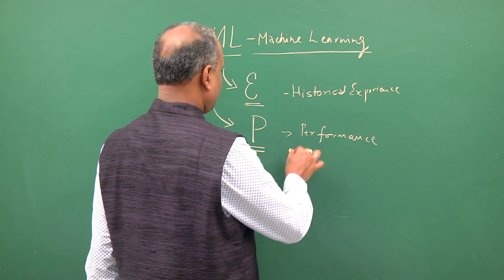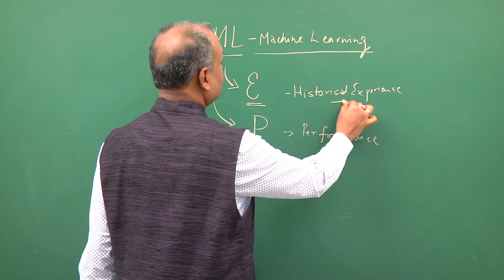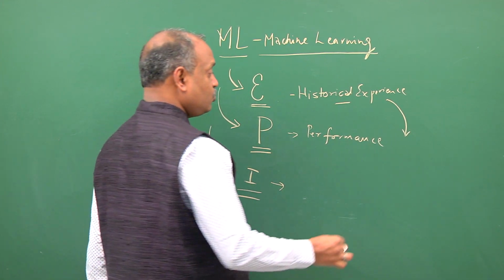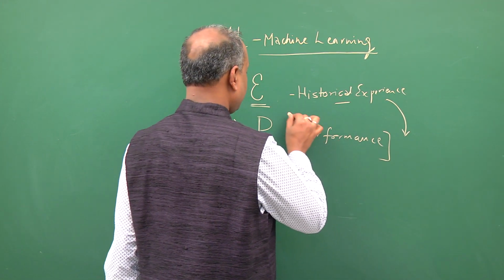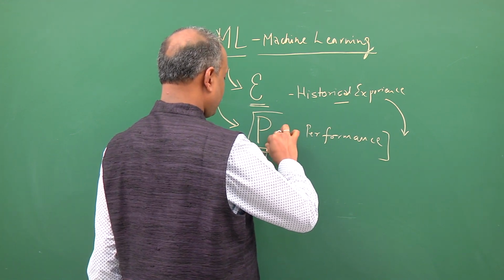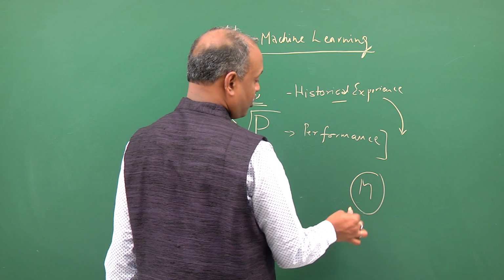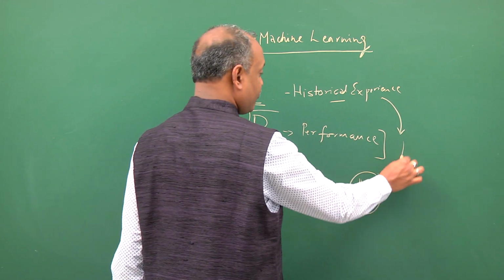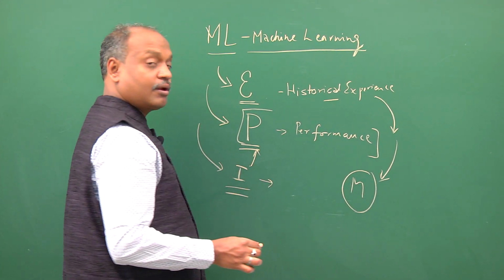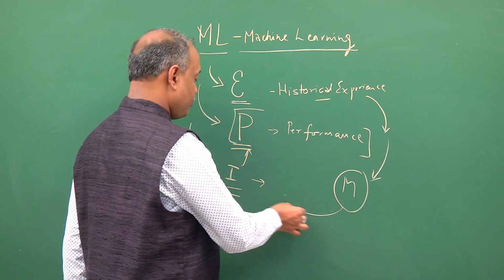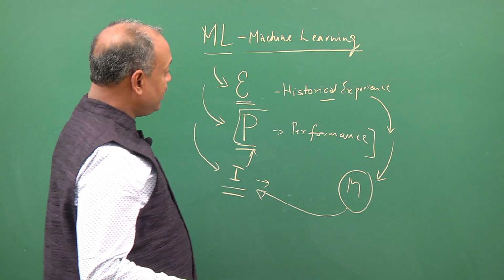Then the idea is you will use the historical experience to improve the performance by arriving at a model or some kind of a knowledge abstraction or pattern, etc., which will enable this improvement in the performance.